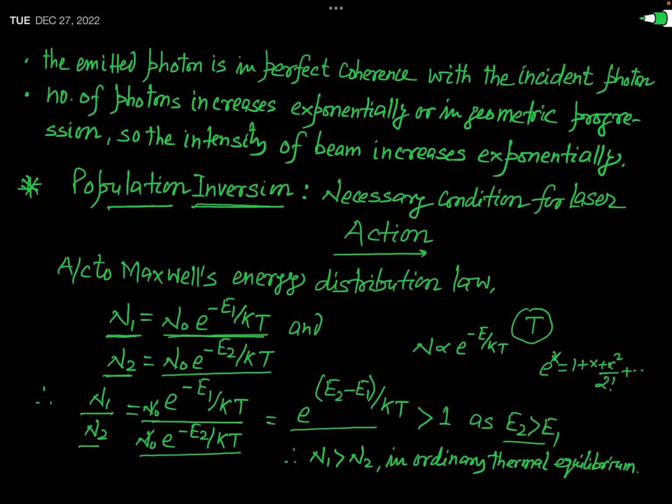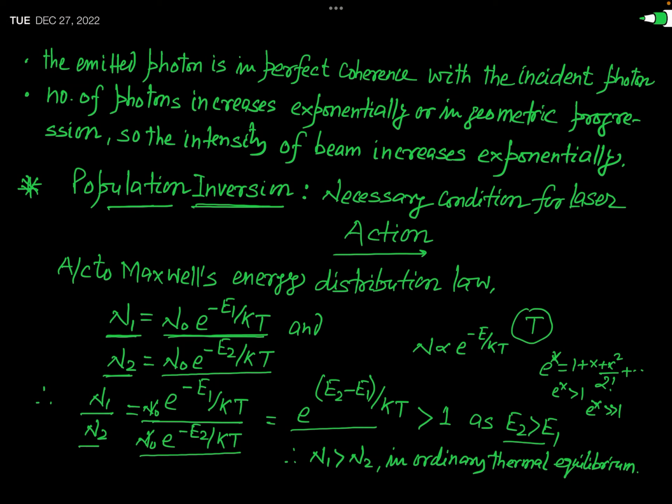So if x is positive, definitely e to the power x is greater than 1. And if x is a large number, then e to the power x will be much greater than 1. Actually here, E2 is much greater than E1.